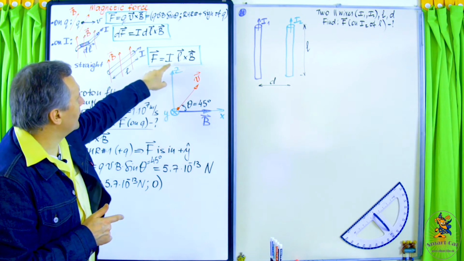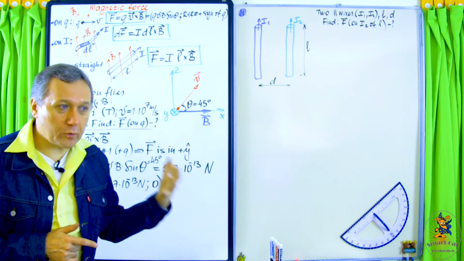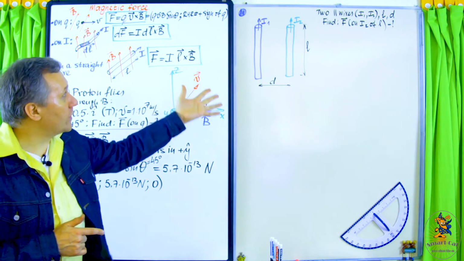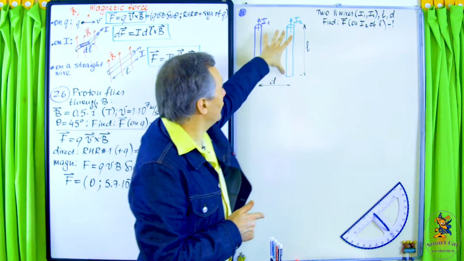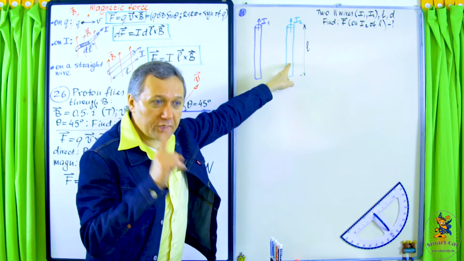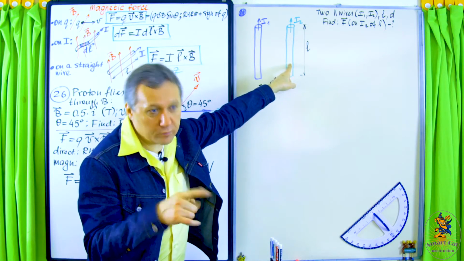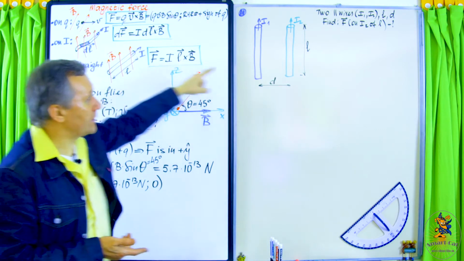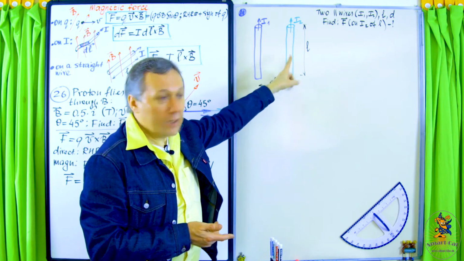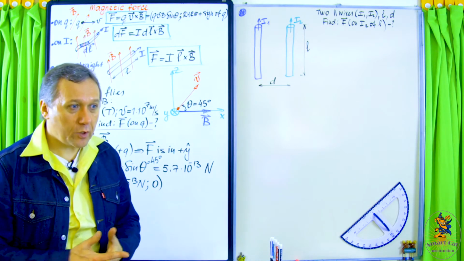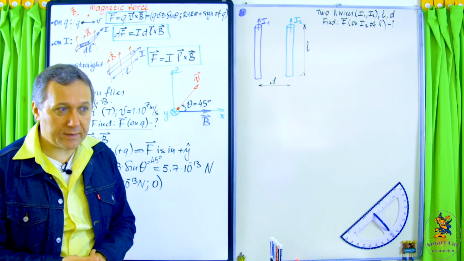And in this formula, force is exerted on what? On the current of length L. In our case, we want to find the force on I2, so that's our object which experiences a force. It's this current I of length L, I2. But the magnetic field is not given, so we need to realize what creates this magnetic field.